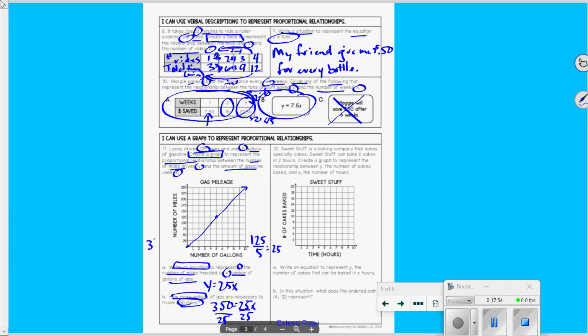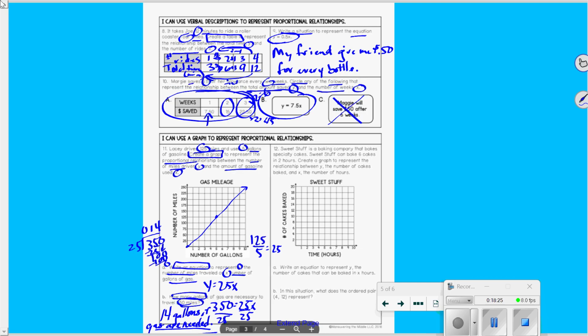So I take 350 divided by 25, that's going to go 0 and go 1. 25 gives me a 10, bringing it down to 0. 4 minus 100, so they will need 14 gallons of gas. So we need 14 gallons of gas to do the travel.